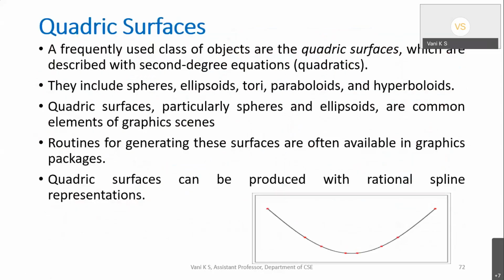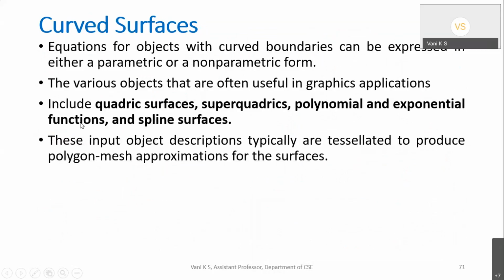Curved surfaces can be anything. It can be quadric, polynomial, exponential, or spline. That depends on the polynomial function. If the polynomial function is to the power of 2, those types of surfaces I call quadratic.